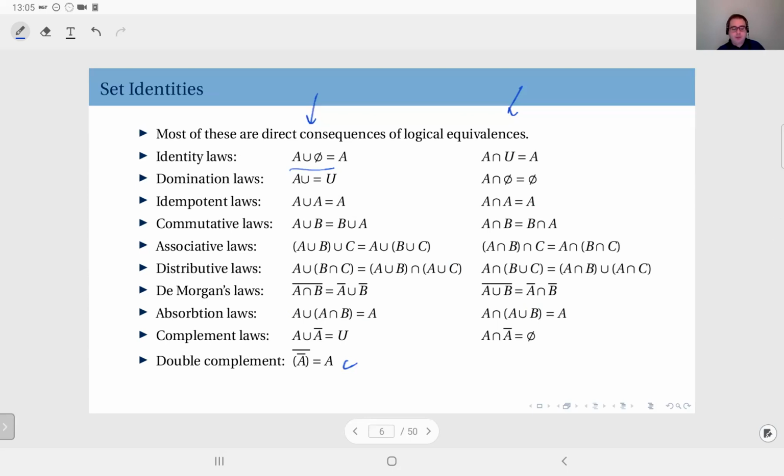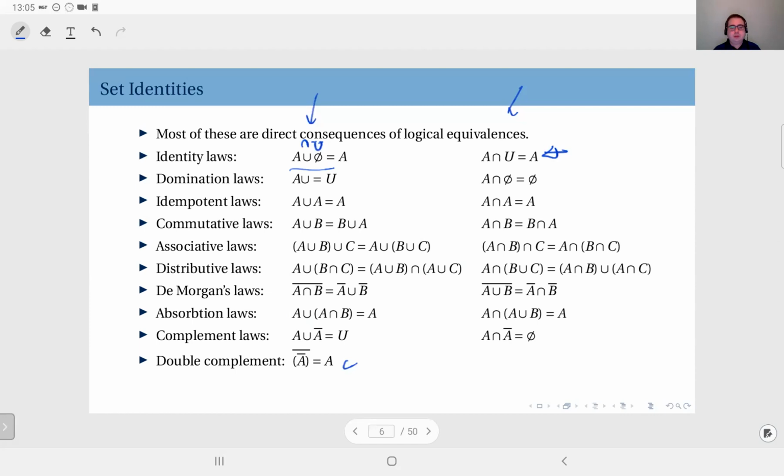And when we say the dual expression, we mean you switch unions to intersections and vice versa, and you also switch empty sets into universal sets and vice versa. So when you make this an intersection and this a universal set, you obtain this, and they are dual expressions of each other, and they have the same truth value.